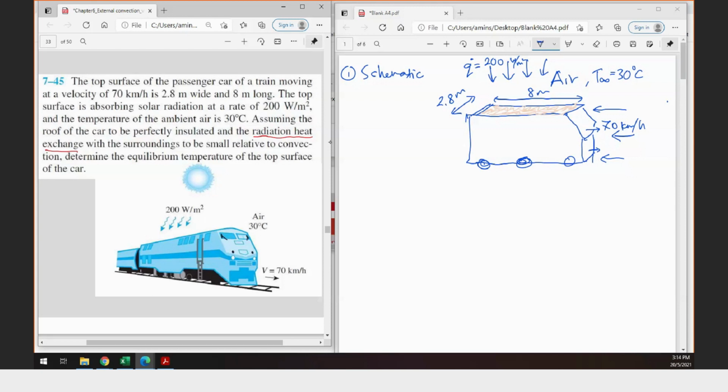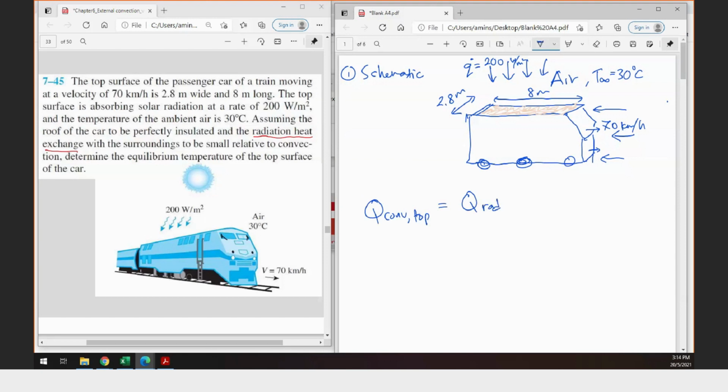And this can be calculated into the convection coefficient. Meaning Q convection on the top area equals Q by the radiation.